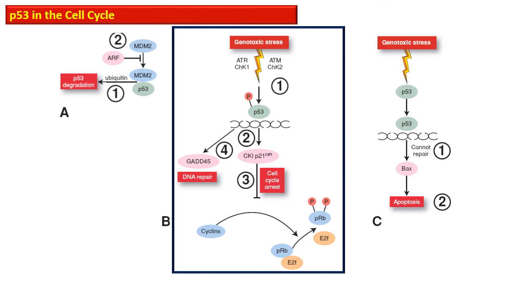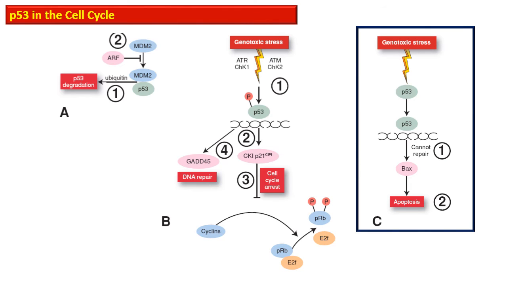Simultaneously, the P53 also activates GADD45 that results in DNA repair. If DNA is repaired, the cell cycle continues, and if it is not repaired, the P53 will activate the BAX gene, and BAX gene activation will result in apoptosis.